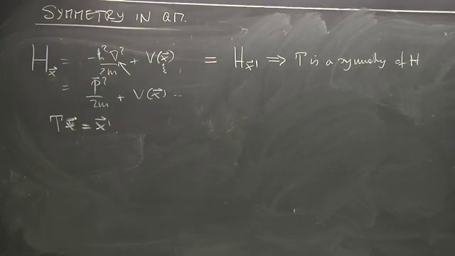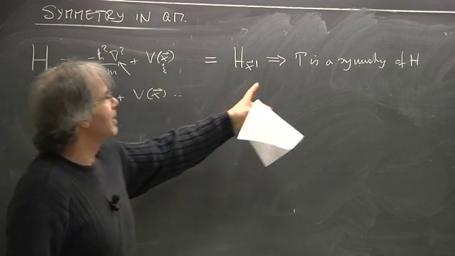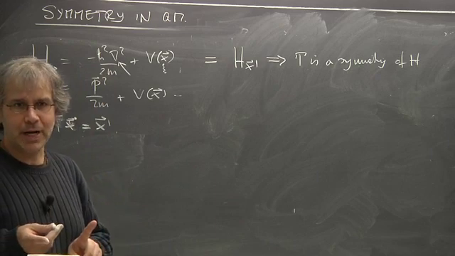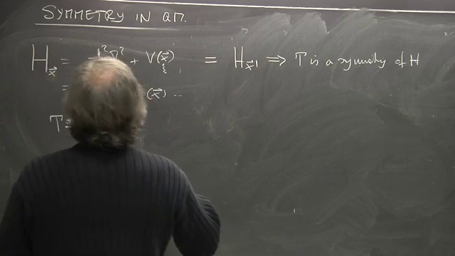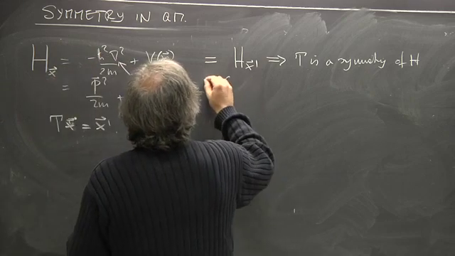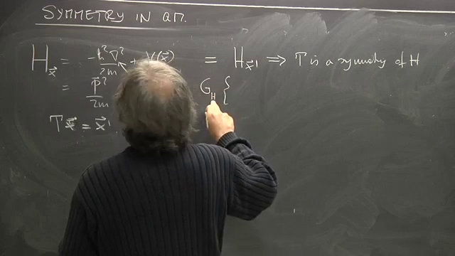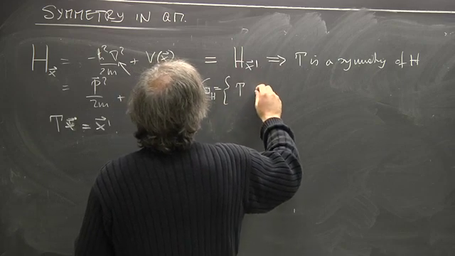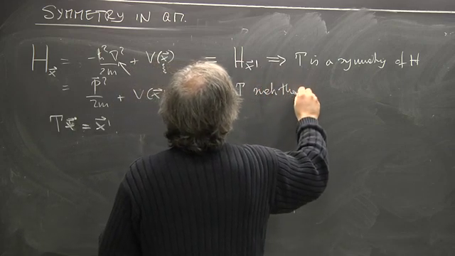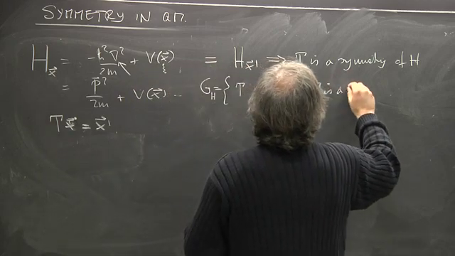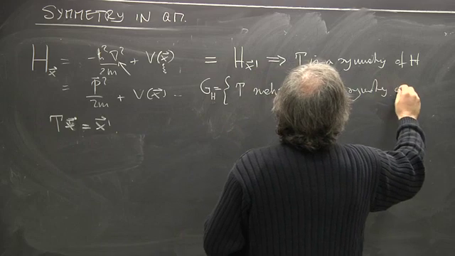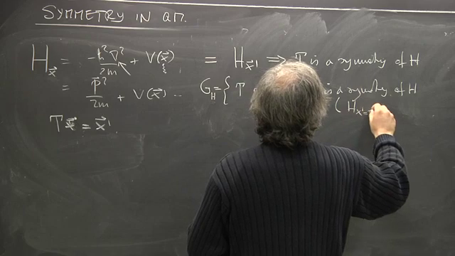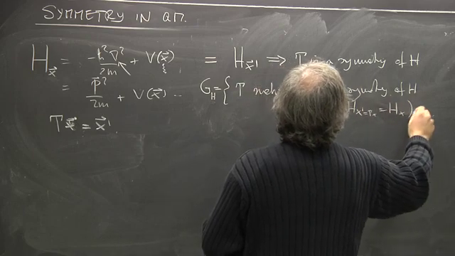But you realize that if a certain T is a symmetry and another T is also a symmetry, the product of the two is also a symmetry. Okay? So if you define as G of H, depending on the Hamiltonian, the set of all the T such that T is a symmetry of H, in other words, H in the variables x prime equal to Tx is equal to H in the variable x, okay?